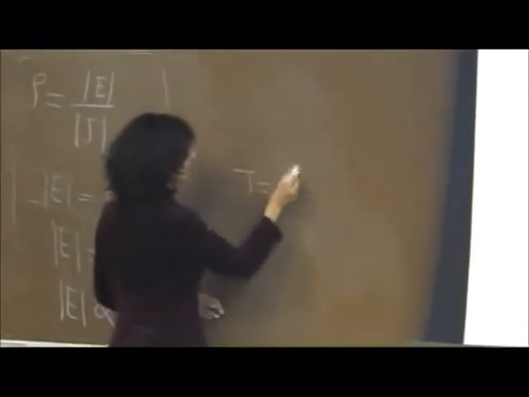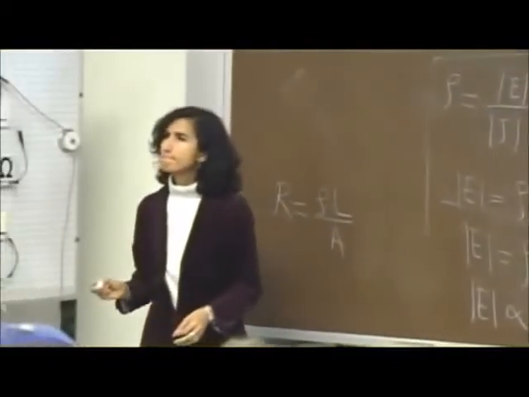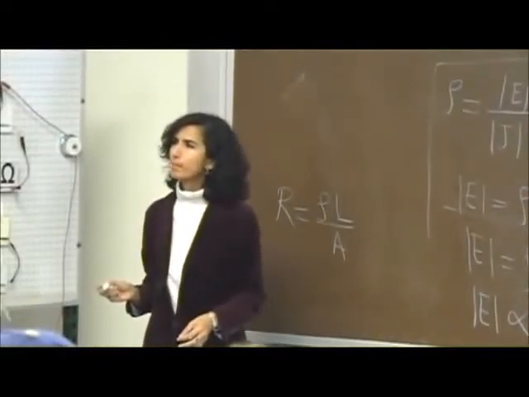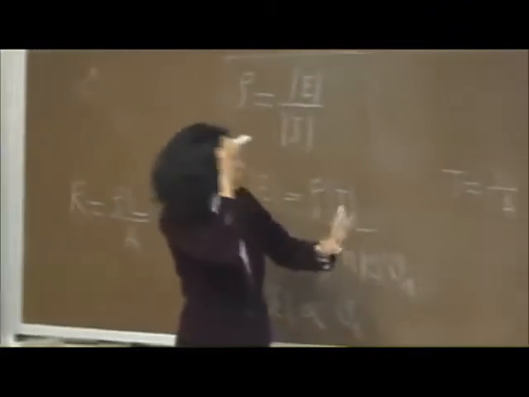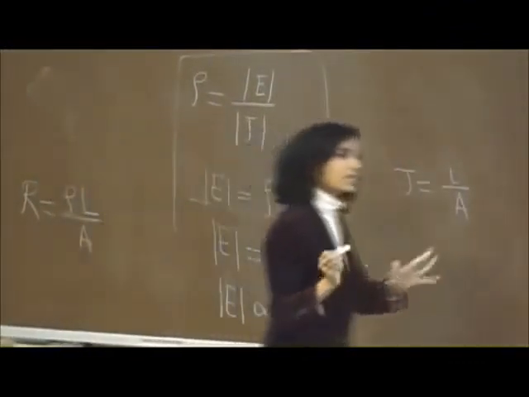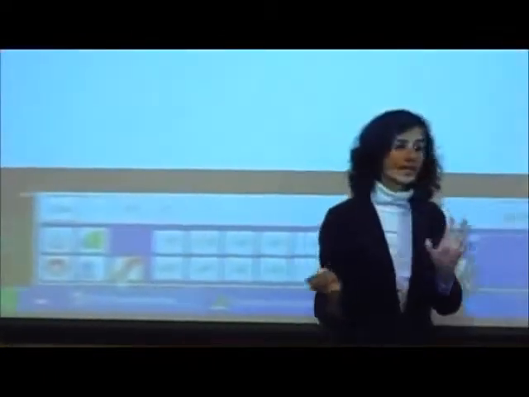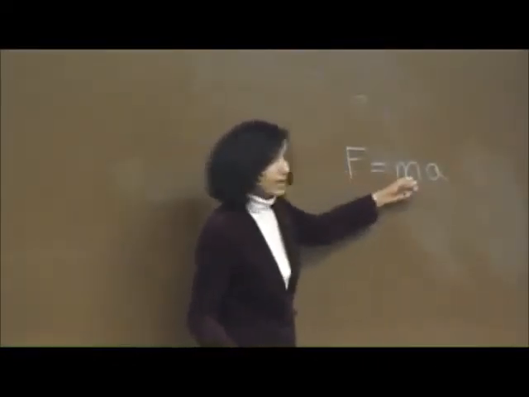It is true that J is equal to I over A. So what does that mean? J also equals n e drift speed. Well, okay, I don't want to confuse the matter more. I've seen this in physics 1 also. I think this is an important thing. When people are asked, for example, F is equal to ma, does it mean that force depends upon mass?